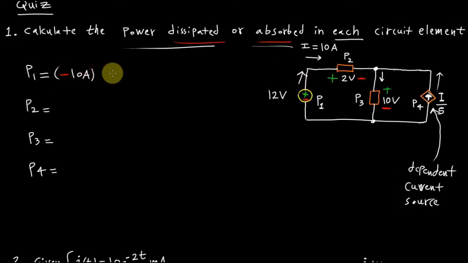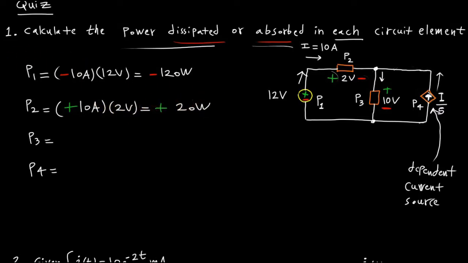Okay, I tried it. Power 1 is going to be negative 10 amps times 12 volts, because we have 10 amps flowing from the minus to the plus of the supply. So we get negative 120 watts. Then for power 2, we have 10 amps flowing from plus to minus of the element, which is plus 20 watts. For elements P3 and P4, we can see that they share a node, so the voltage across them is going to be the same.